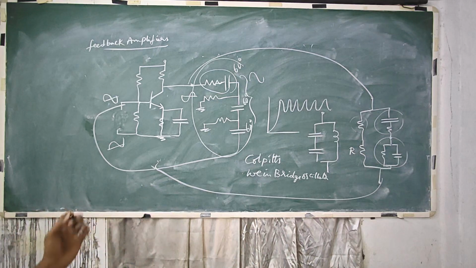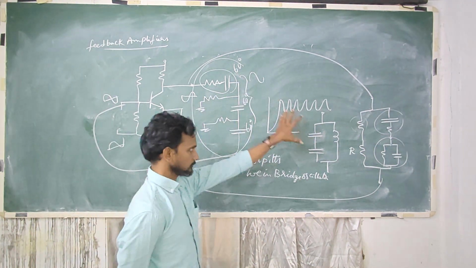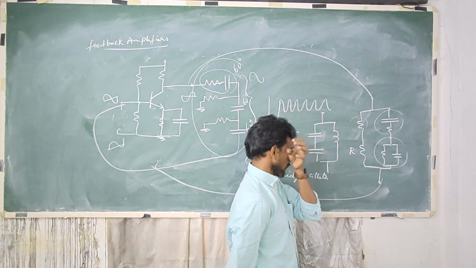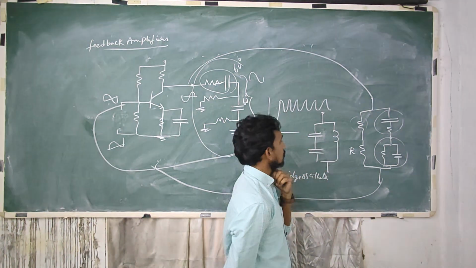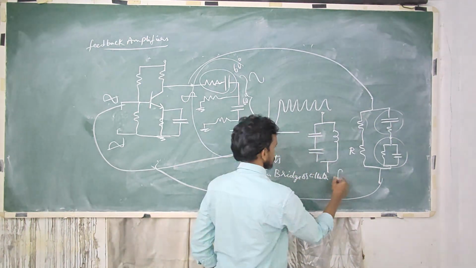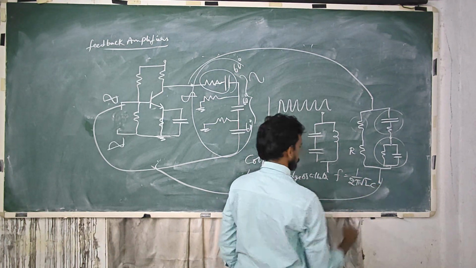So there are three different types of oscillator circuits. RC phase shift. So this is LCR tank circuit. I mean, that can be used to generate oscillations of a particular frequency, 1 by 2 pi root LC.